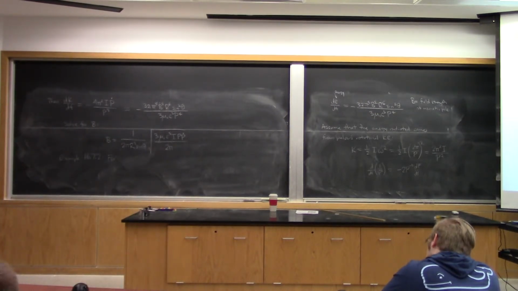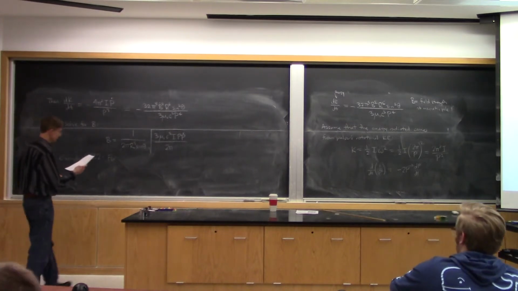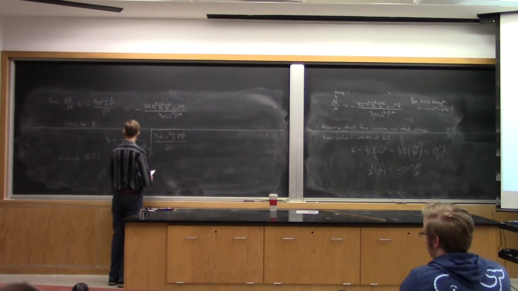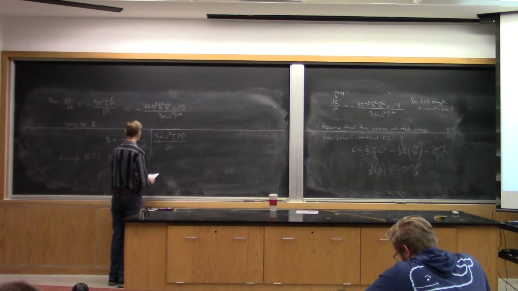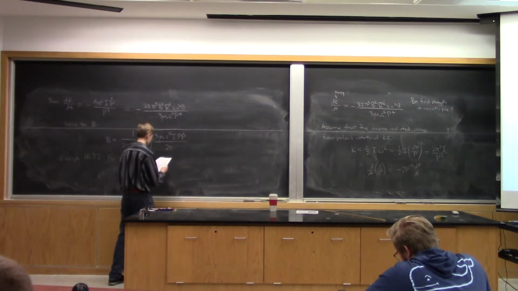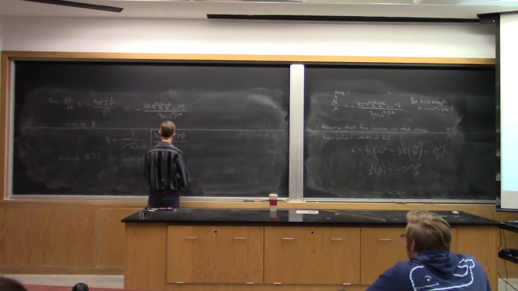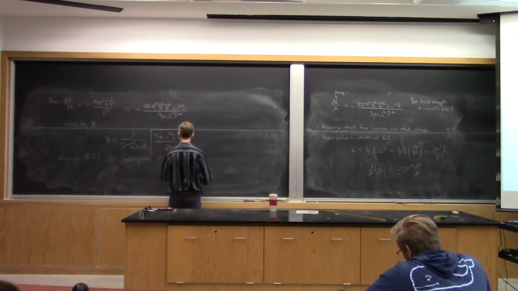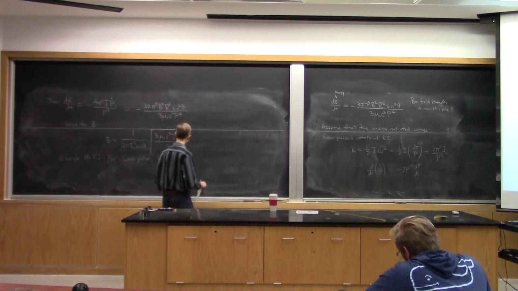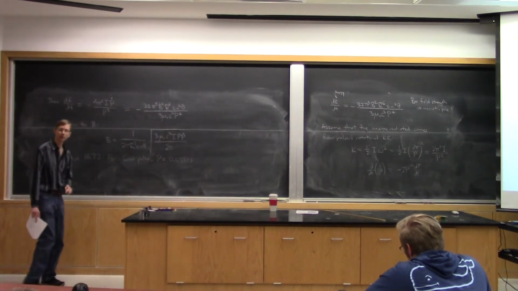Your book does an example, 16.7.2 for the Crab pulsar. P is a 30th of a second, and it really is a 30th of a second essentially. So, it's 0.0333 seconds.